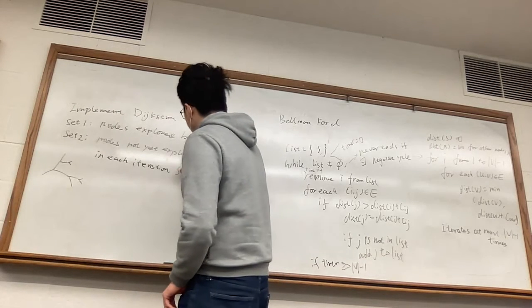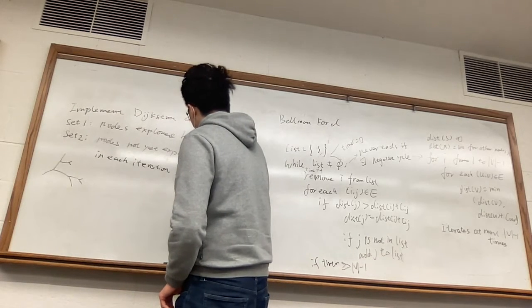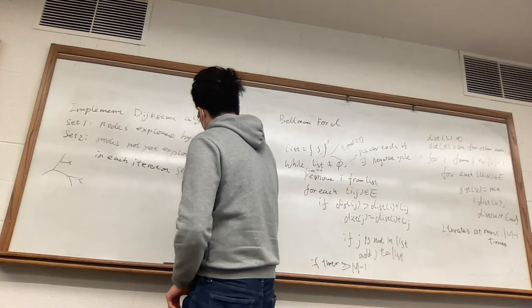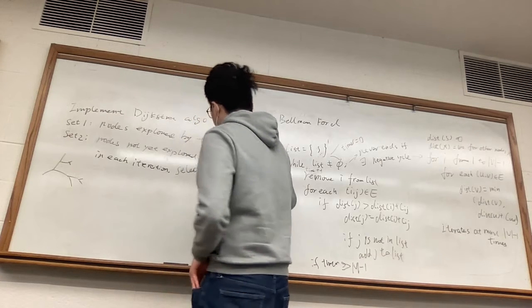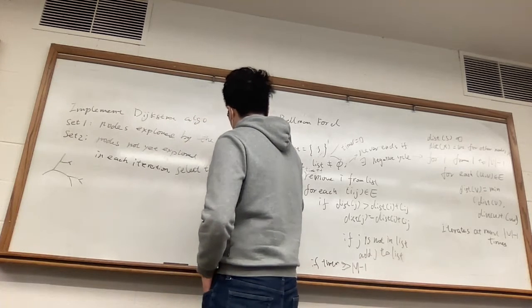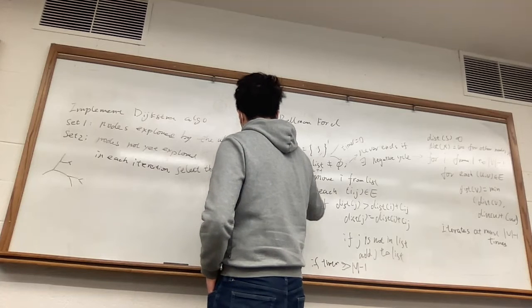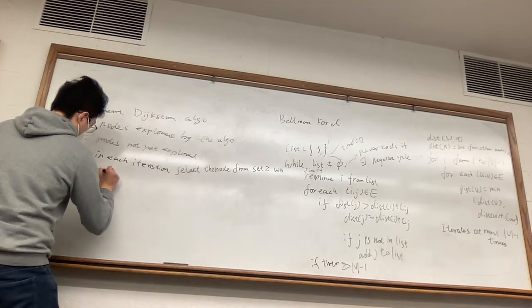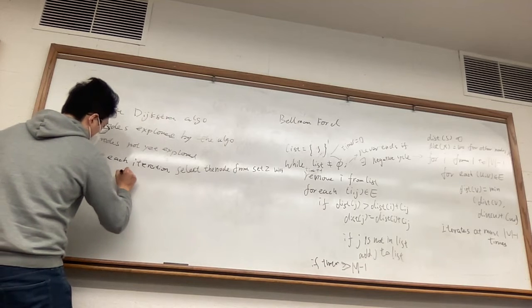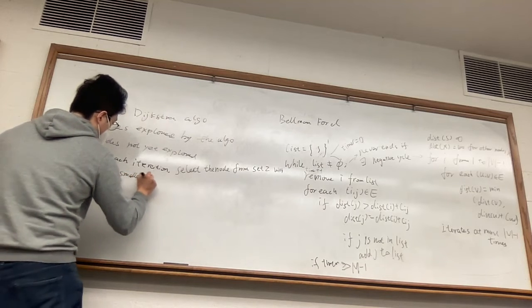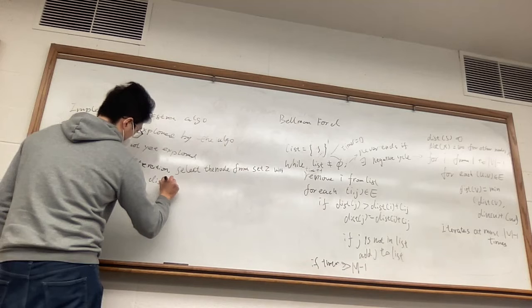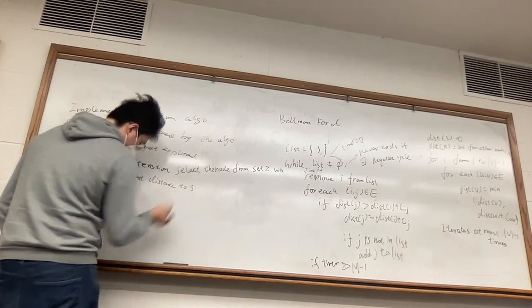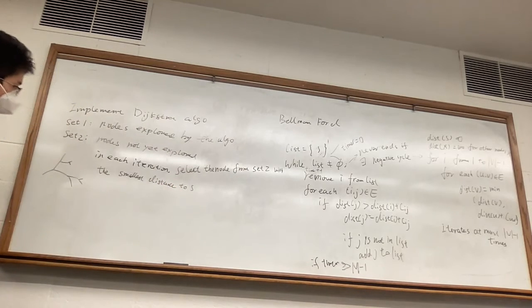You need to select the node from set 2 with the smallest distance to S, right? So in each iteration, you need to select the node from set 2 with the smallest distance to S.